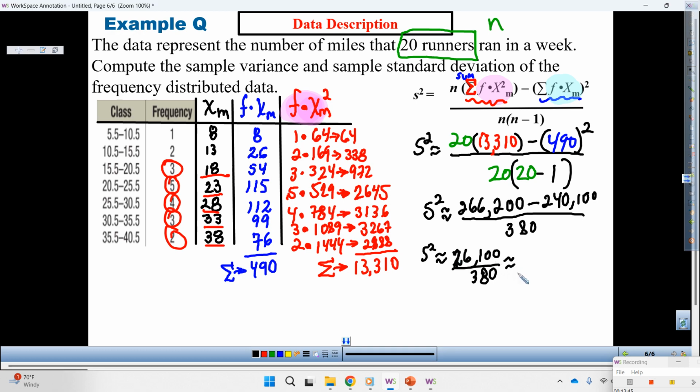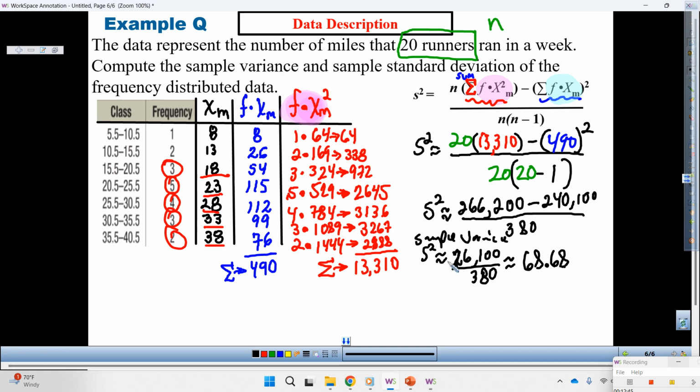And our variance is, tell your neighbor what you got for the sample variance. All right, looks like Jessica's got it. Jessica, what'd you get? 68.68. All right, hands up if you got that.